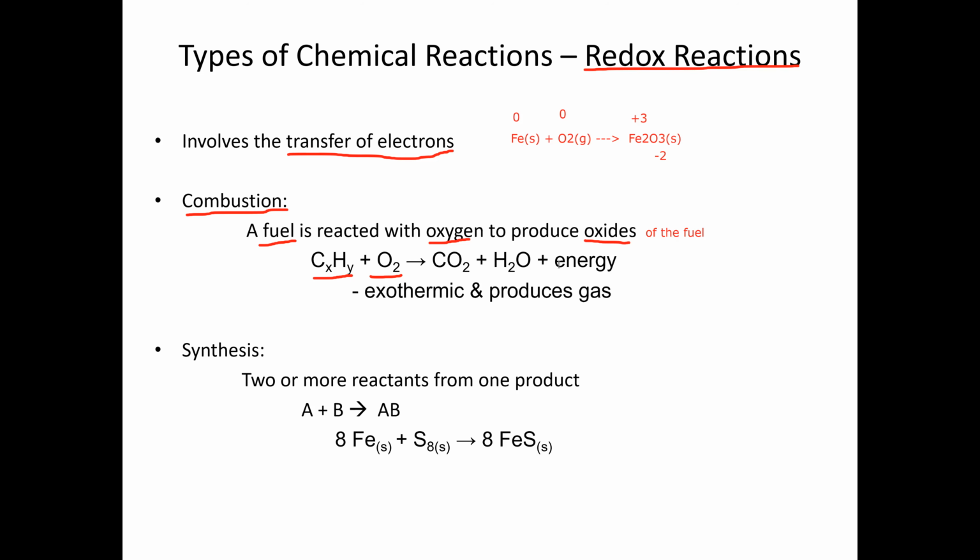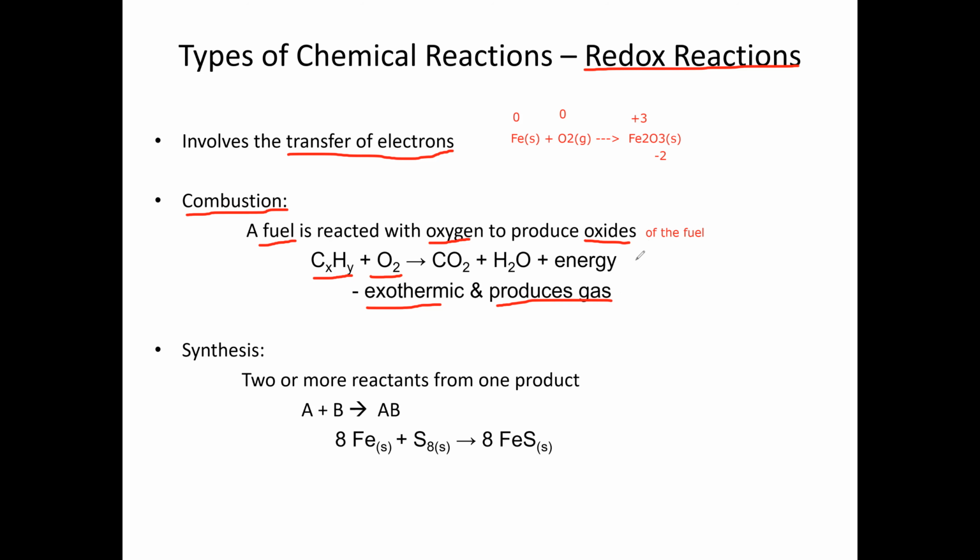It releases heat, which heats up your engine. That's why you have a radiator to dissipate the heat from the engine block. So it's very exothermic, and it produces gas, which is why you have an exhaust pipe to remove the gas from the combustion center.